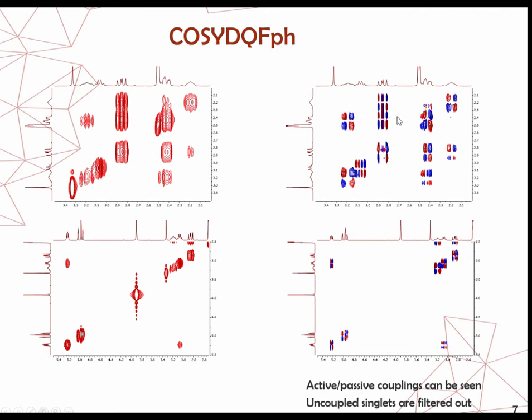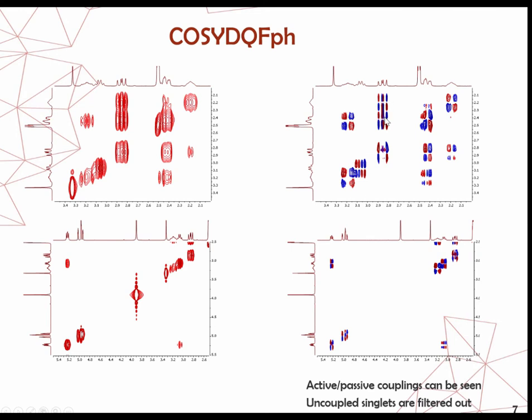And you can see here that you will have different patterns. So this doublet or doublets, you can see here which one is the active coupling. So this is the small one, and here you have the big one, the J coupling.